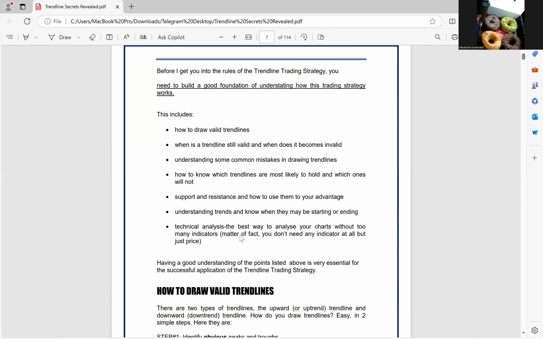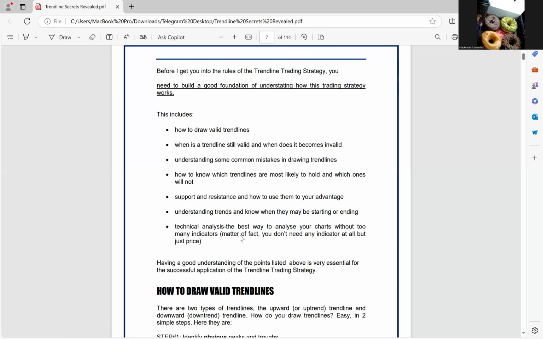And the last one, technical analysis. The best way to analyze your charts without too many indicators. Matter of fact, you don't need any indicators at all, just price. That's true. Indicators can be used to help you, support you, tell you the direction. But personally I feel it only disrupts you from seeing the charts and price clearly.